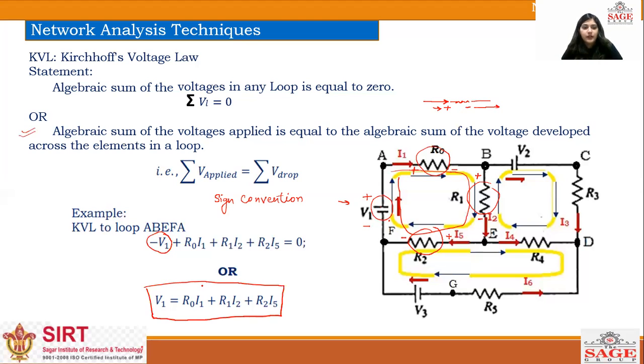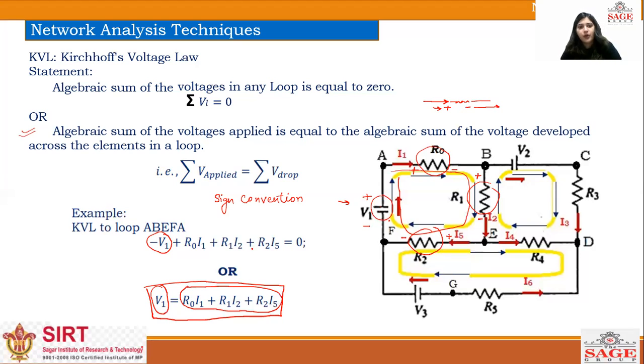Okay, so in that way we can see that the algebraic sum of voltage applied is equal to the algebraic sum of voltage developed across the elements in the loop. Okay, I hope it is beneficial. Whosoever is watching this video will be able to understand.